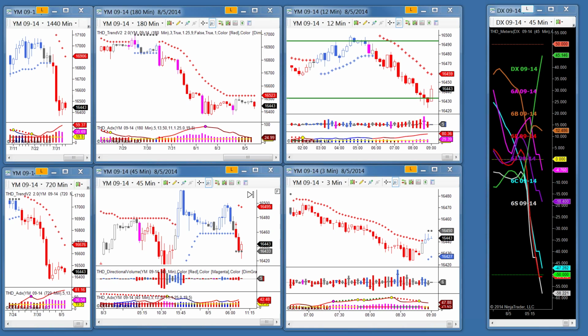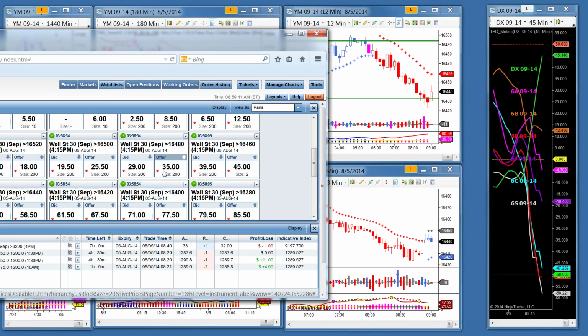Because it would move up 40 ticks. Yeah. And so that one, right now it's at 35. I think earlier it was, what, 30? I don't know. Can't remember all the prices, guys.